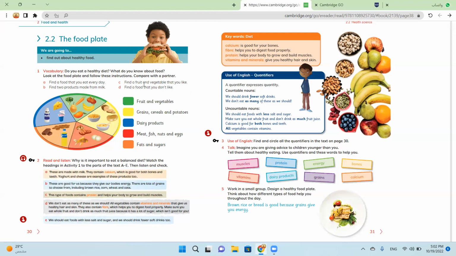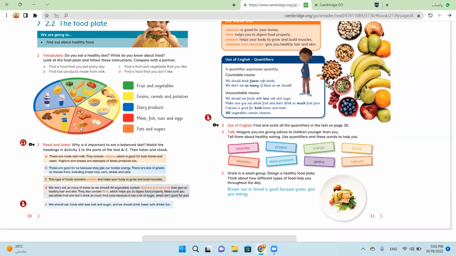C, find the fruit and vegetables that you like. We have carrots and bananas or mangoes. D, find the food that you don't like. Maybe broccoli, fish, nuts, oil, cake, could be anything.